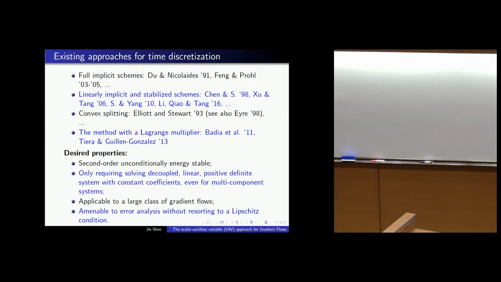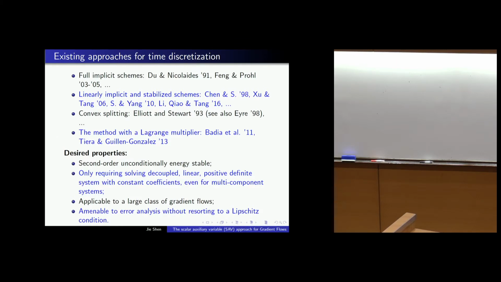Even if you have a gradient flow with a multi-component system, which often happens in material science, you could have hundreds of order parameters, and if you try to solve them coupled together, it's getting complicated. And they should be applicable to a large class of gradient flows.